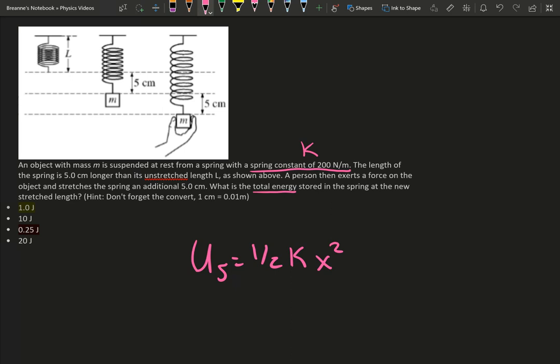And we have to convert, so don't forget to convert. So we have our 5 centimeters. We're starting at centimeters and we need to go to meters, so we're going to go 1, 2. So we get that equals 0.05 meters.